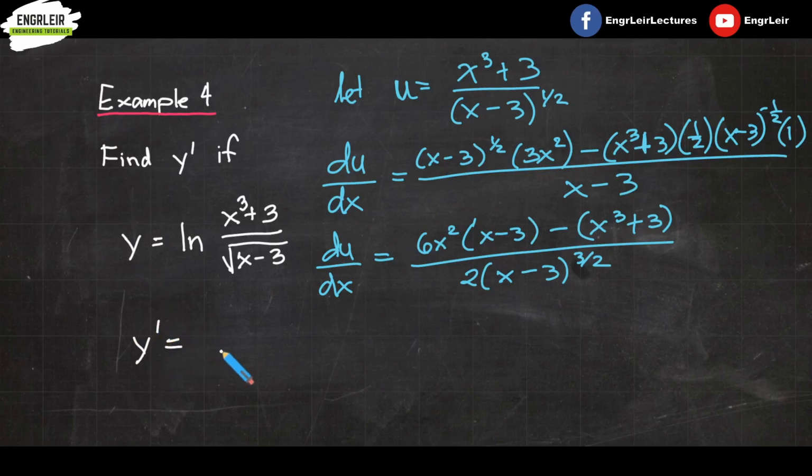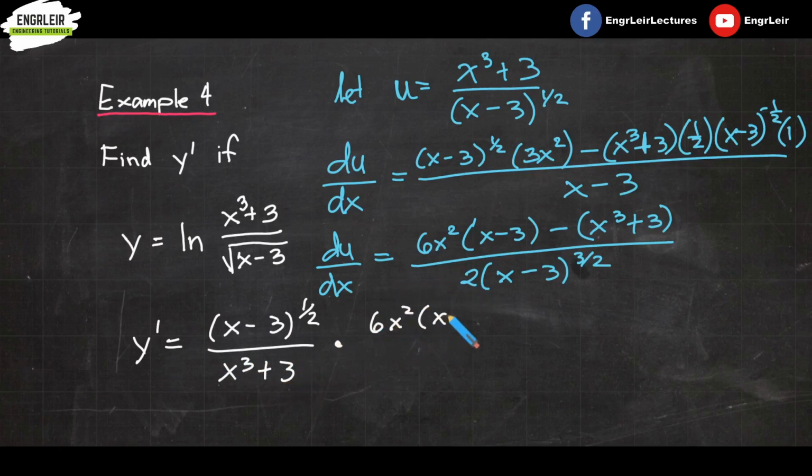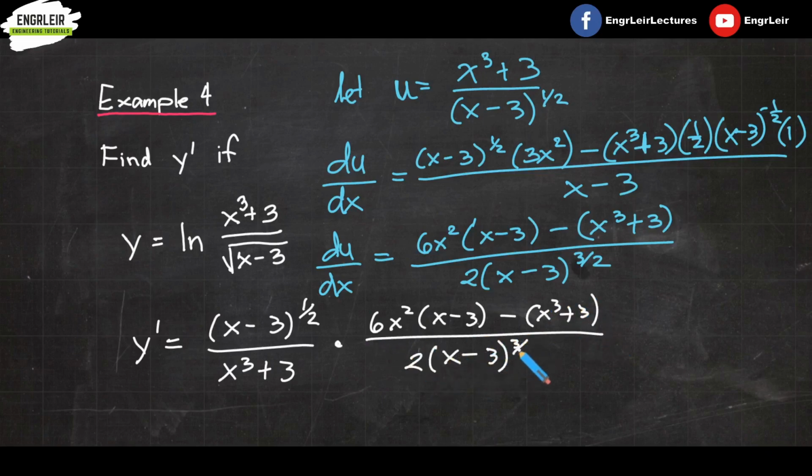So, yung y prime, be yung reciprocal ng u, 1 over u. So, this is x minus 3 raised to 1 half divided by x cubed plus 3 times yung derivative na 6x squared, x minus 3 minus x cubed plus 3 all over 2 times x minus 3 raised to 3 over 2.